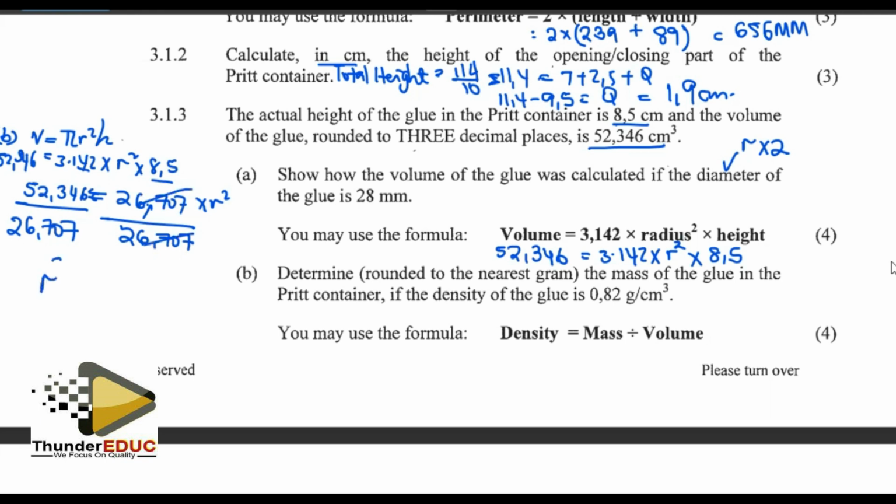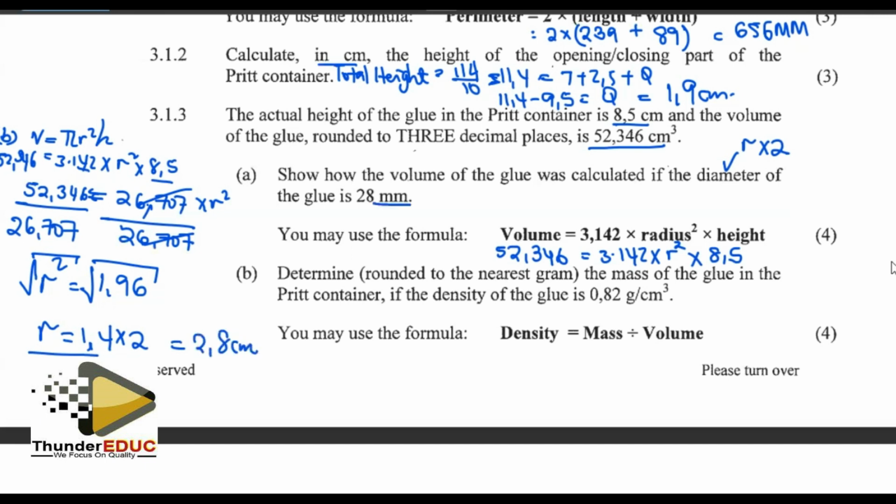So I remain with my r squared equals 1,96. So I need to look for the radius, which becomes the square root of my answer. Yes, indeed, I remained with r equals 1,14. But remember, we are not interested in r, but r will help us get the diameter. What do you do? Multiply by 2. Times 2. So I end up having, these are centimeters.